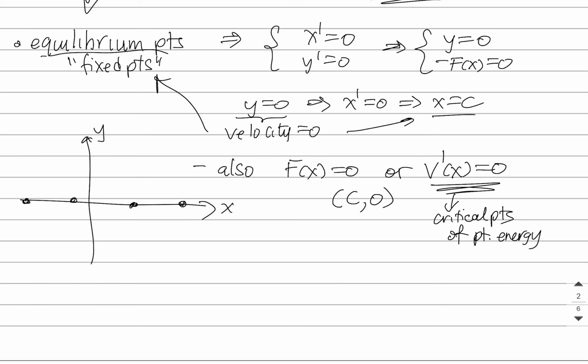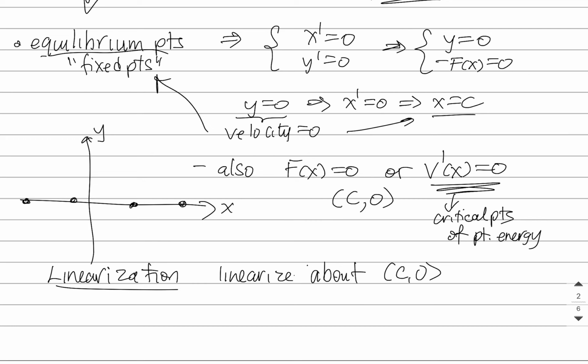Okay, so the next thing that we want to do is talk about a linearization. Now, as always, we want to linearize about these critical points, or sorry, the equilibrium points. We want to linearize about these points c, 0, wherever they happen to be.